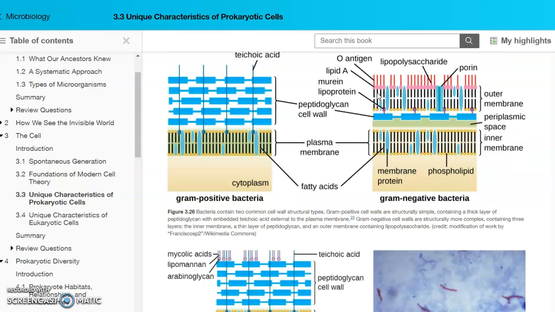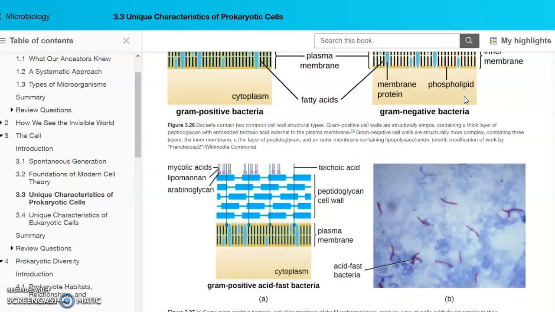And this outer membrane contains a lipopolysaccharide, and this lipopolysaccharide contains a particular lipid called lipid A with these O antigens, and I'll talk more about these in detail. But this outer membrane can be damaging.